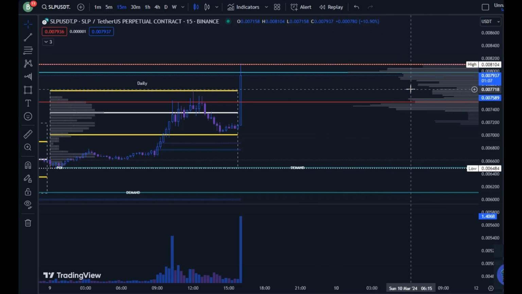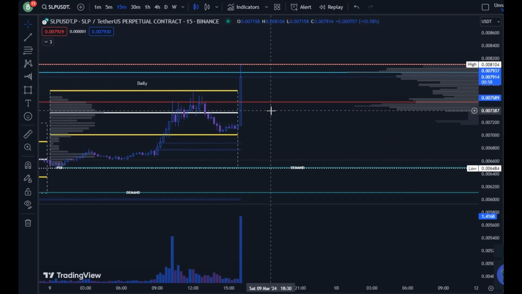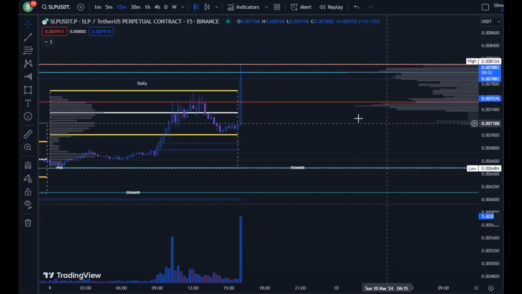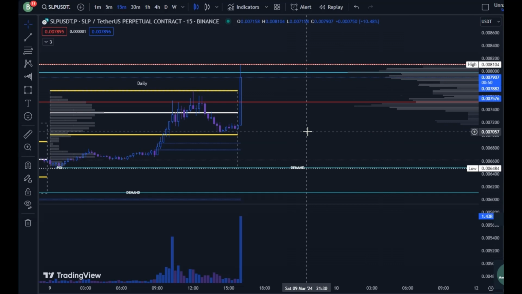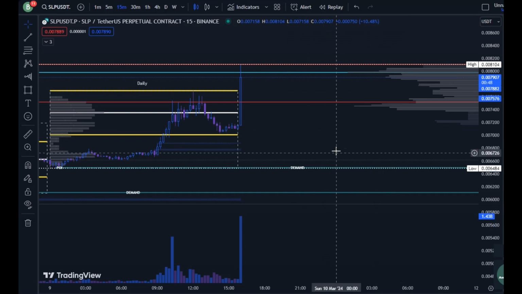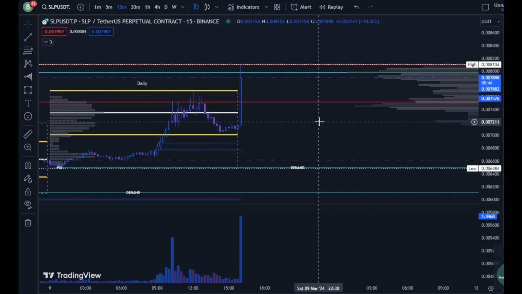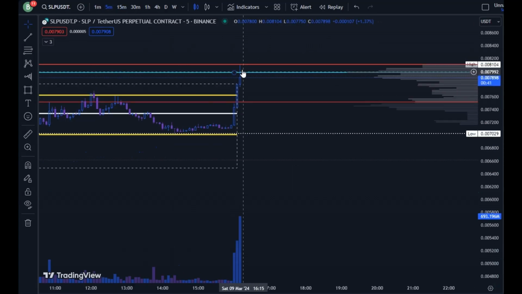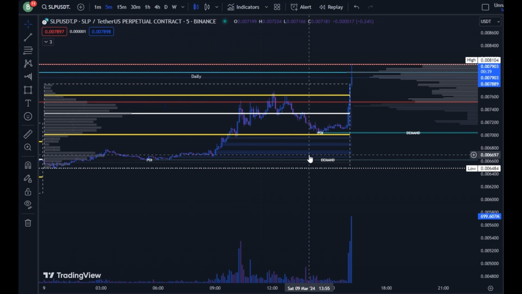Let's see where this trade goes. Previous point of control were here. Let's see if it reaches previous point of control, which there's a lot of volume here. Let's watch this trade. Go down to the 5 minute. Getting rejected.